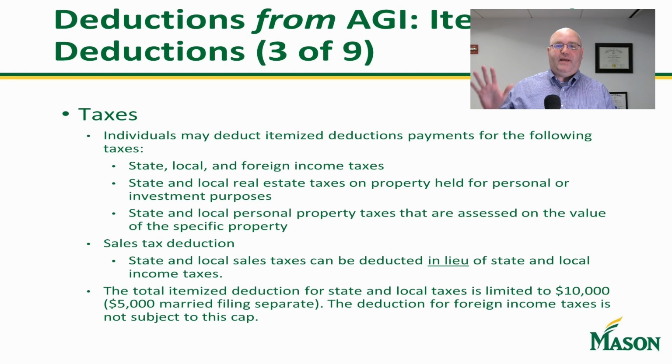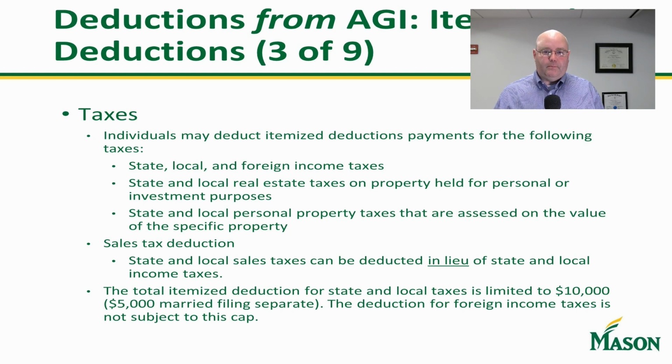We will take foreign tax credits instead of foreign taxes as a deduction. It almost never makes sense to do the foreign tax deduction. Okay. I don't want to say never, but more likely than not, it's going to do better to take the tax credit. So that's why you will rarely see this on there.